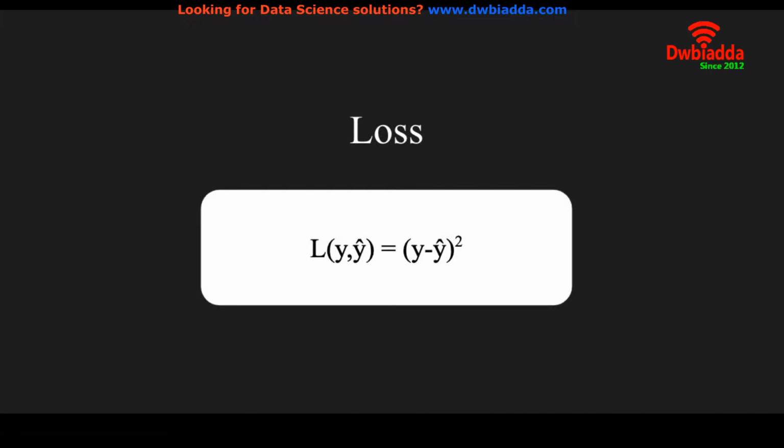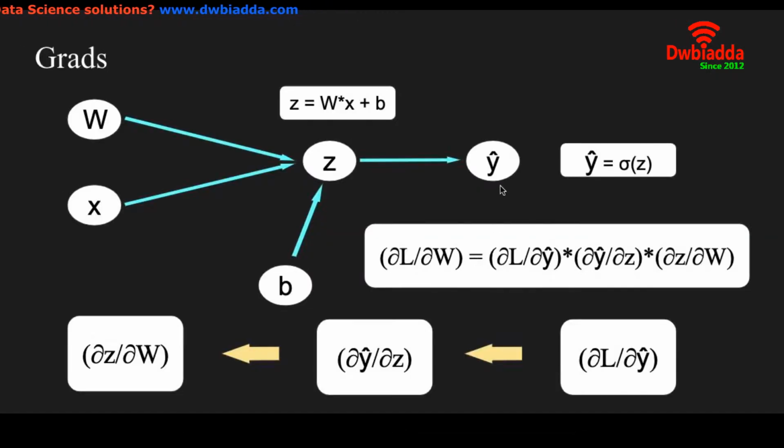So once I have the loss function, we are ready for the backpropagation stage of the neural network. This is what happens in the backpropagation stage. We calculate the gradient of each step.